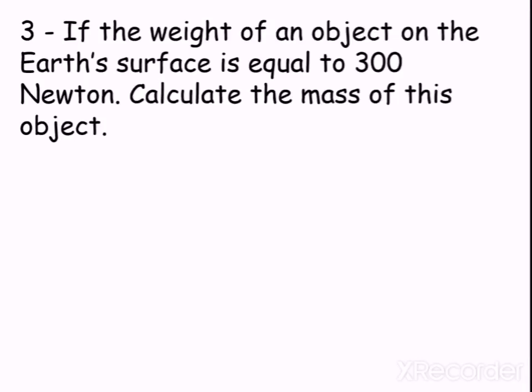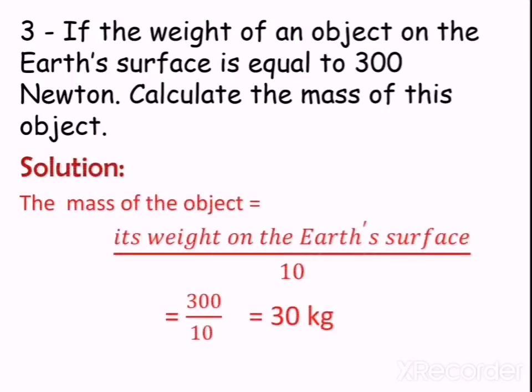Now he needs the mass, so hide the mass from the triangle. So the mass equals the weight on the Earth's surface divided by 10. So it equals 300 divided by 10, so it equals 30 kilograms.